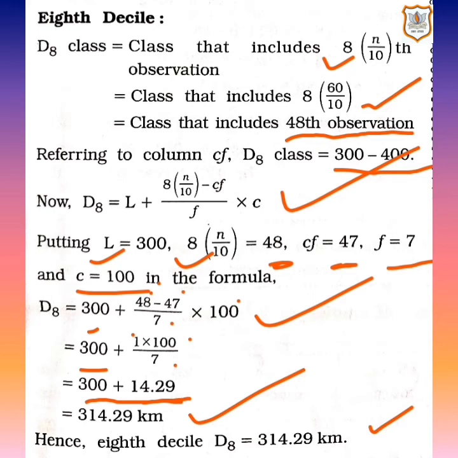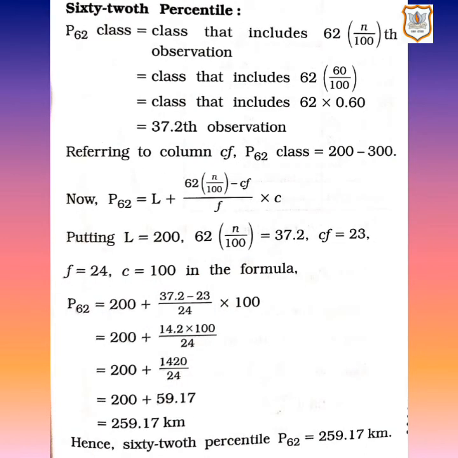Interpretation for D8, you can write that as D8 is 314.29 kilometer, hence traveling in 80% of days will be less than or equals to 314.29 kilometer, means maximum traveling will be 314.29 kilometer. Now let's solve P62 as asked in question. 62 percentile, that means P62.